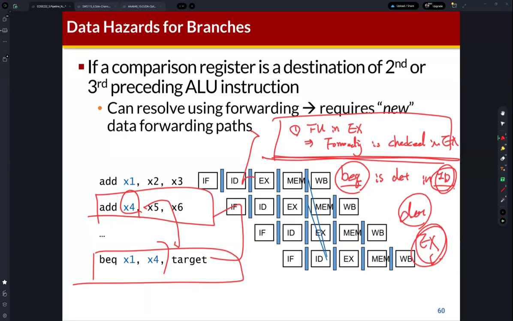Which means that the data forwarding is not handled by these branch instructions, then the clock cycles are wasted because of this data hazard, regardless of the result of the branch instruction. So I think this is not efficient. This is not efficient. Okay.